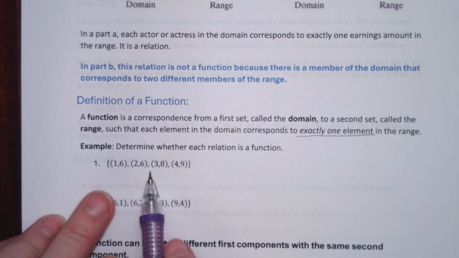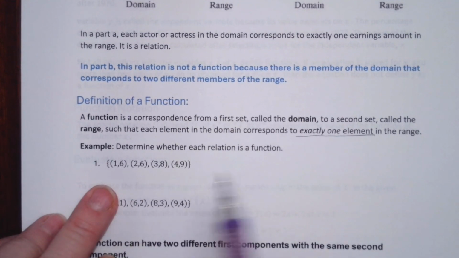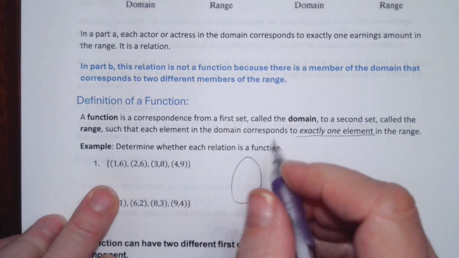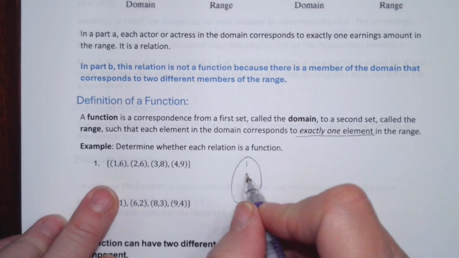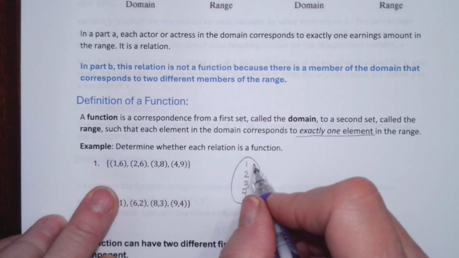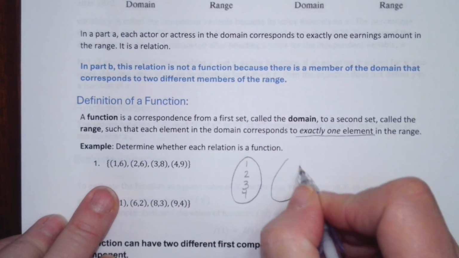If I take this one, and sometimes this is hard, I could draw arrows. I could put this in there and list 1, 2, 3, 4, and you don't have to draw the circles, I like to draw the ovals.